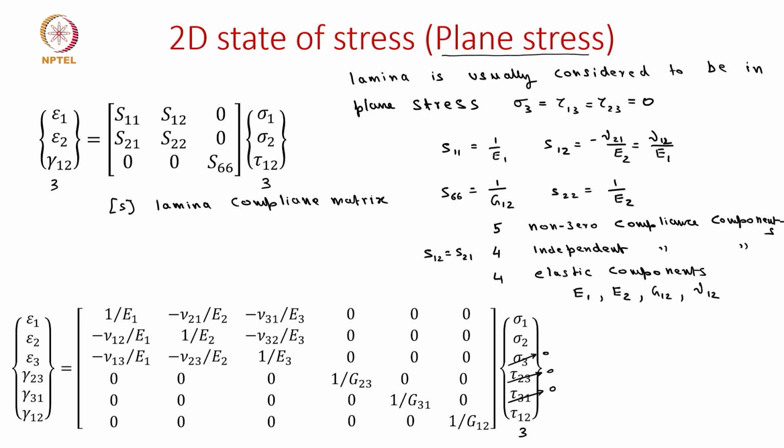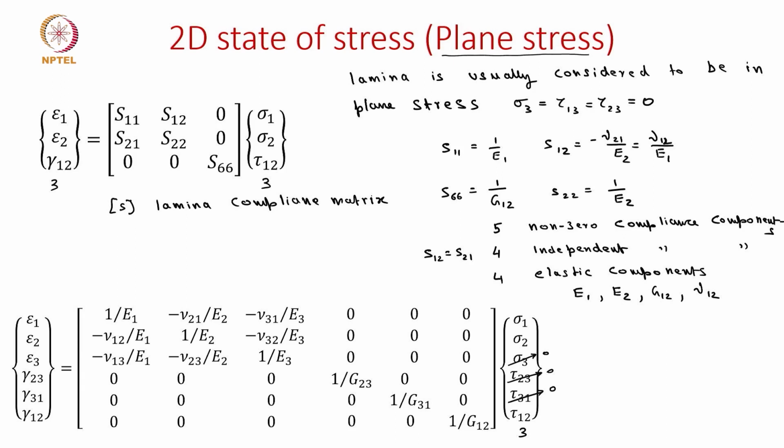So, in summary, we can now see for a 2D state of stress or the plane stress, we should be able to write the strain stress relation in terms of the laminar compliance matrix S. And this compliance matrix is written in terms of the elastic constants E1, E2, G12 and nu12.